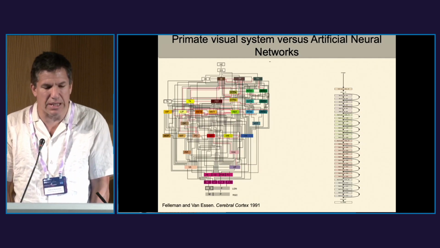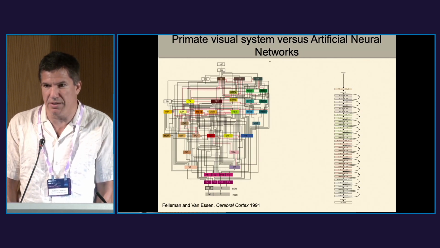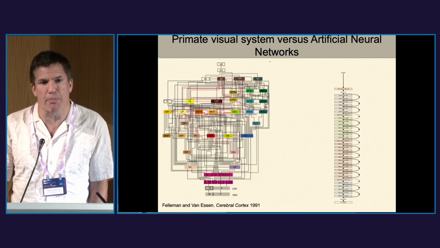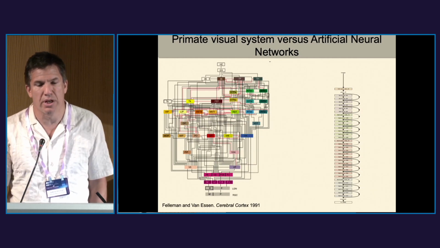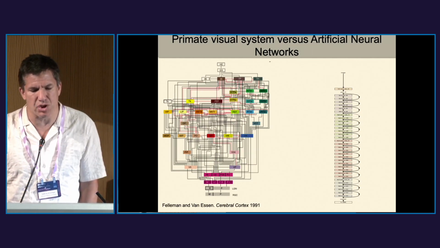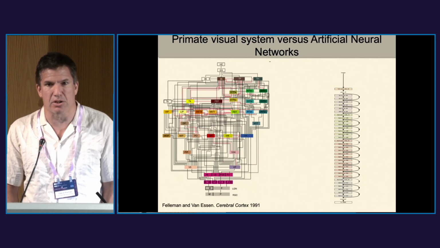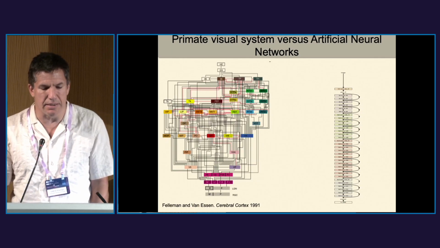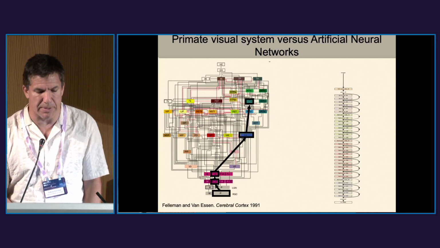And then on the left, we have a diagram that's quite famous, many decades old now, that illustrates the basic mesoscopic connectivity of the ventral visual cortex and dorsal visual cortex in the macaque monkey. I think it's pretty clear, even just glancing at these diagrams, that the sheer complexity of the anatomical connectivity is completely different, and there are clearly lots and lots of details about the architecture that are completely missing.